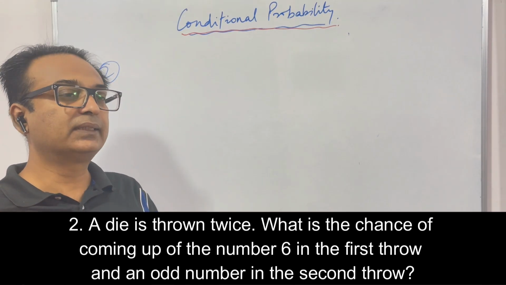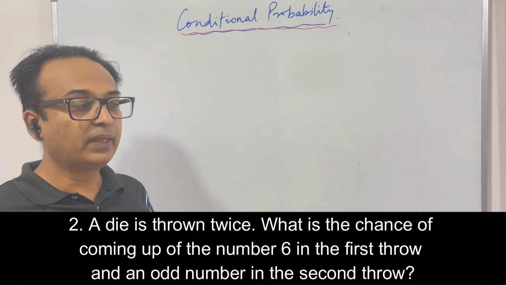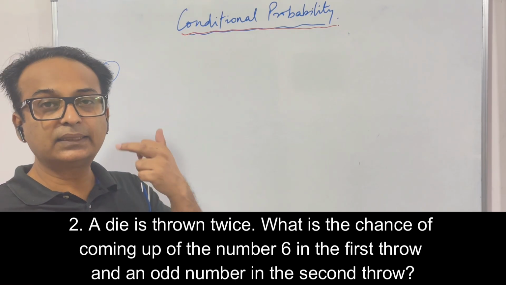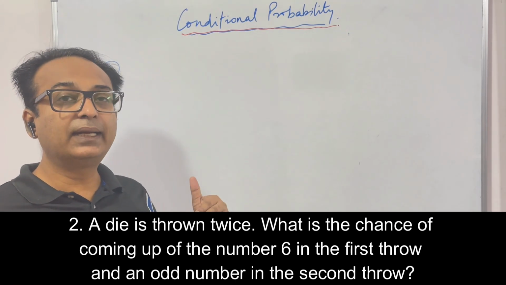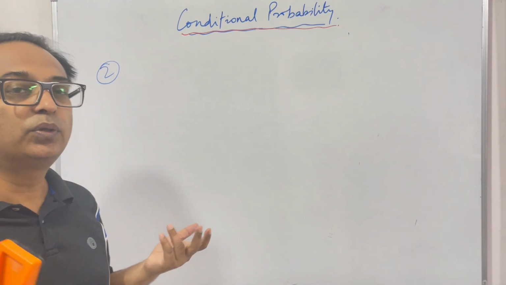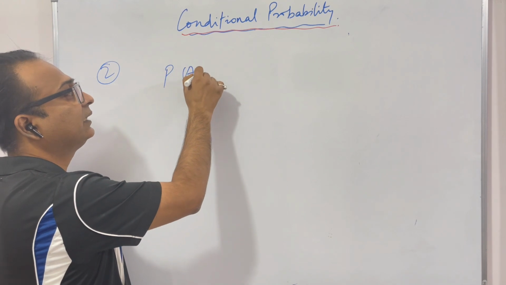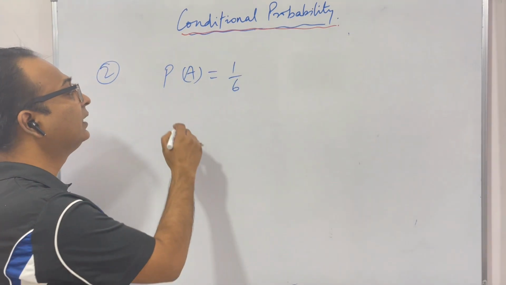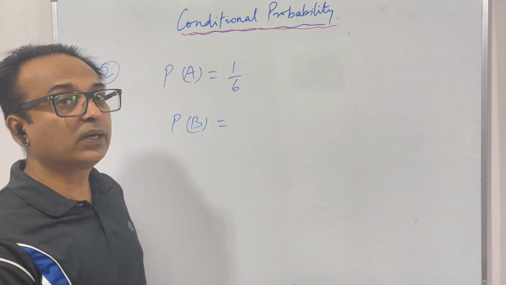So the question says a die is thrown 2 times. What is the probability of getting a 6 in the first attempt, that is the first throw, and an odd number in the second throw? So let's say the first event is A, probability of getting a 6, so that is 1 by 6, we know this. And the second event is B, probability of getting an odd number.